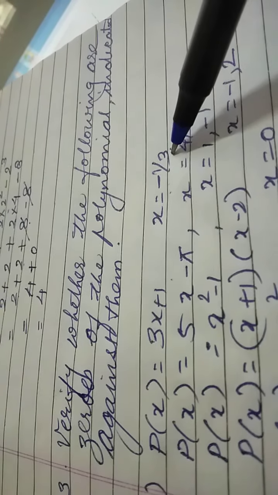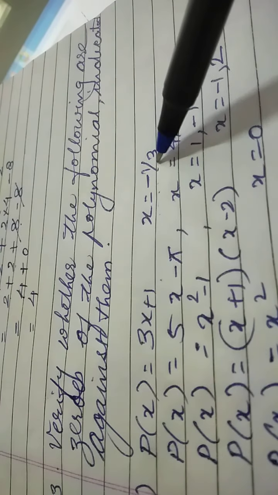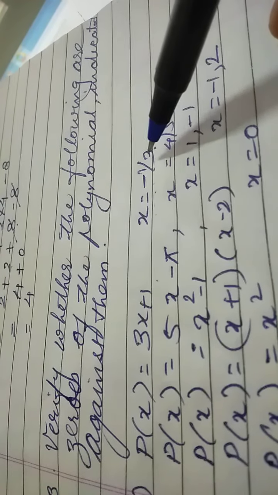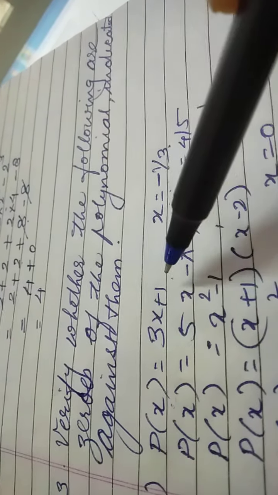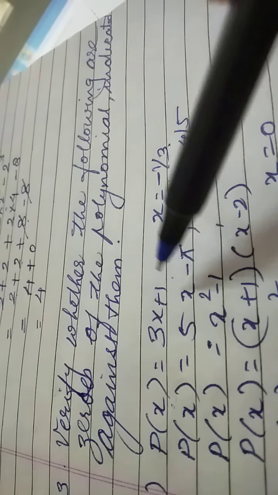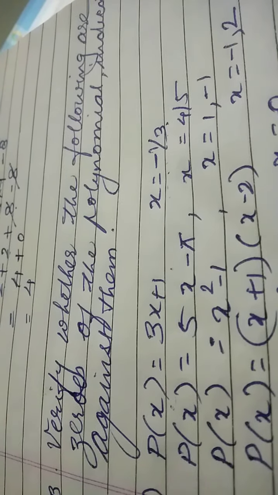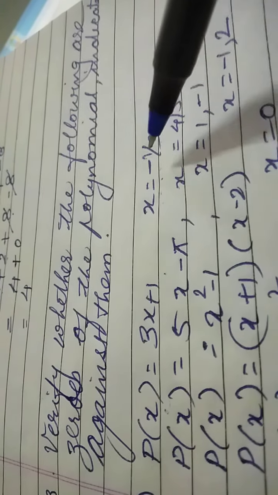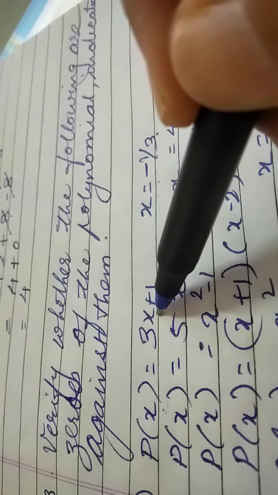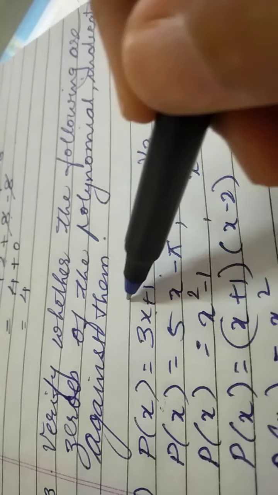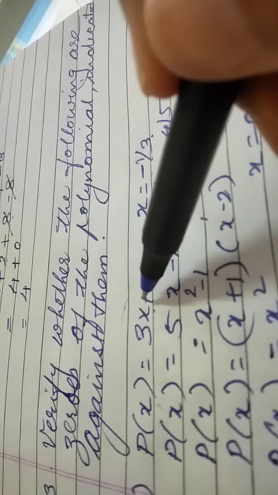So we have to find out whether the value of x which is given here, that is minus 1 upon 3, is a zero of this polynomial p of x is equal to 3x plus 1 or not. Being the zero of any polynomial means if we put the value of x over here, we should get the value equal to 0. Okay.